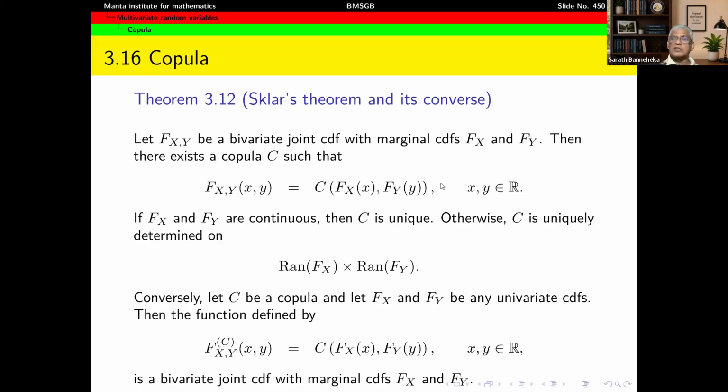We will start the discussion with the most important theorem related to this, that is Sklar's theorem and also its converse.